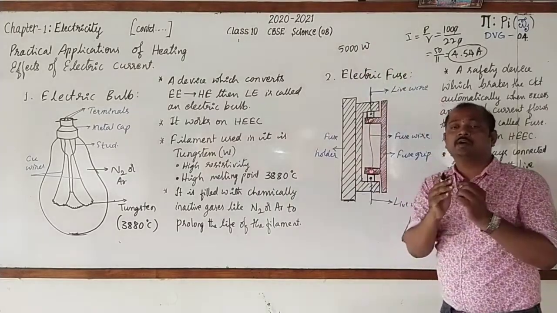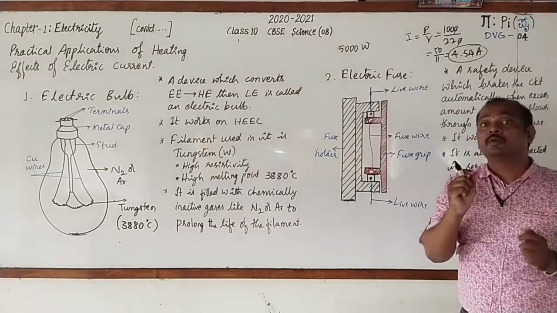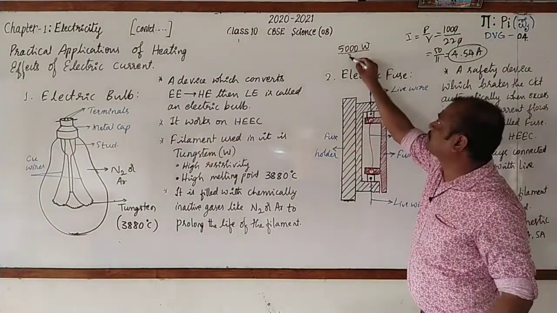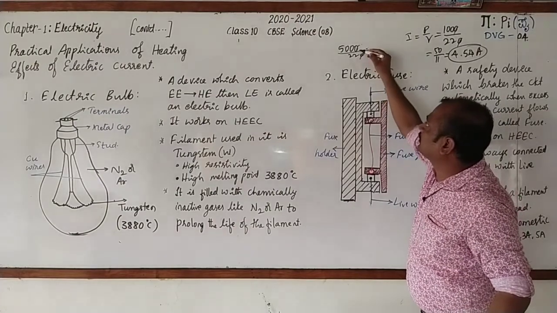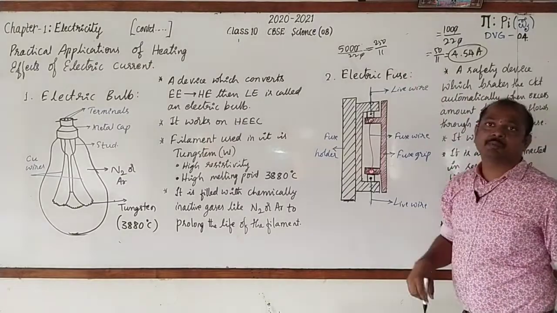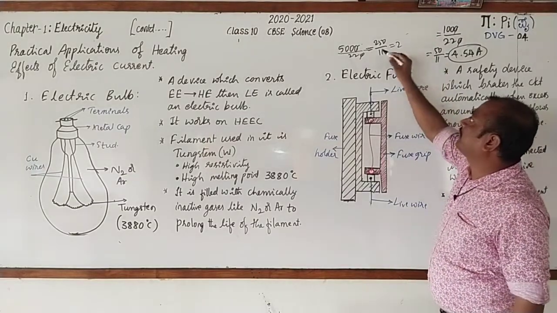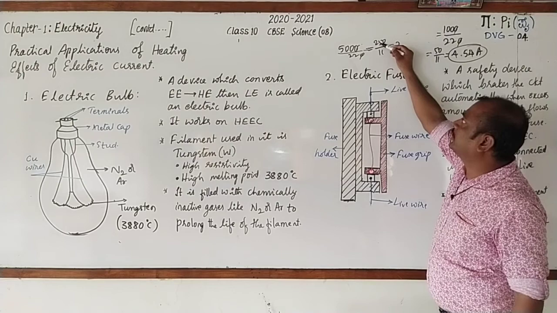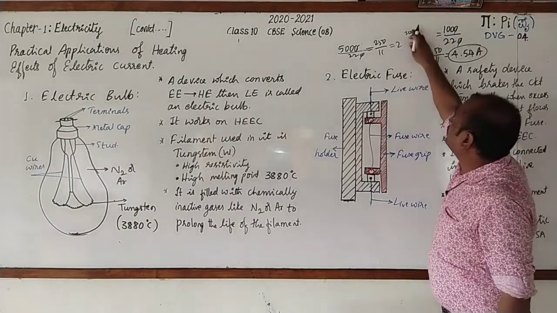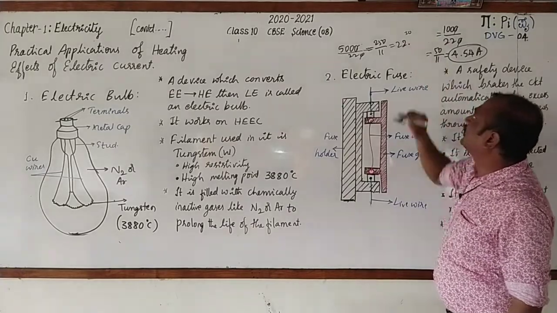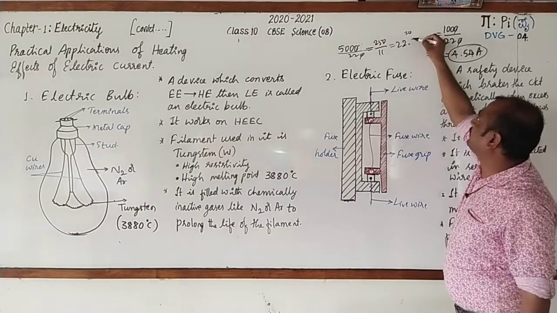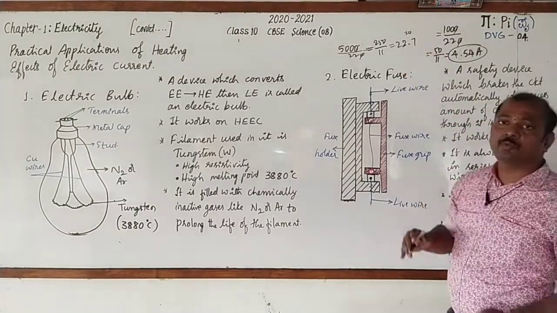If around 5000 watt of electric power is required, then what should be the rating of the fuse? Just divide this by 220, 0, 0 get cancelled, then this is 250 by 11. Start dividing 250 by 11, 11 2s are 22, then 3 will remain, it becomes 30, now 11 2s are 22, then 8 will remain, it becomes 80, 11 7s are 77, so 22.7.